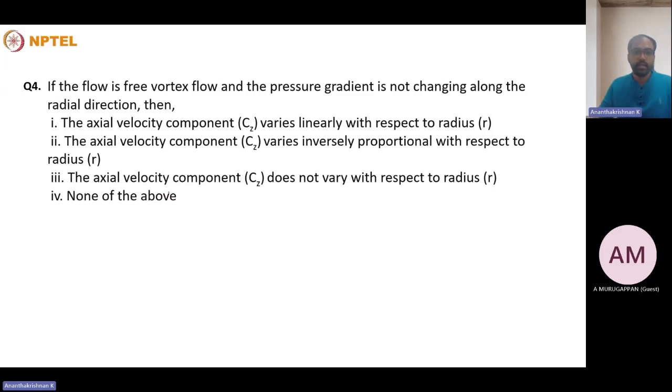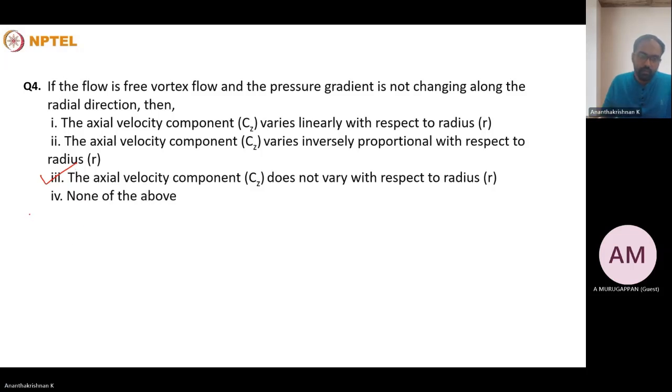Okay, the answer to this problem is option C. The axial velocity component does not vary with respect to radius r. So we will try to derive the variation of the axial velocity component with respect to radius r.